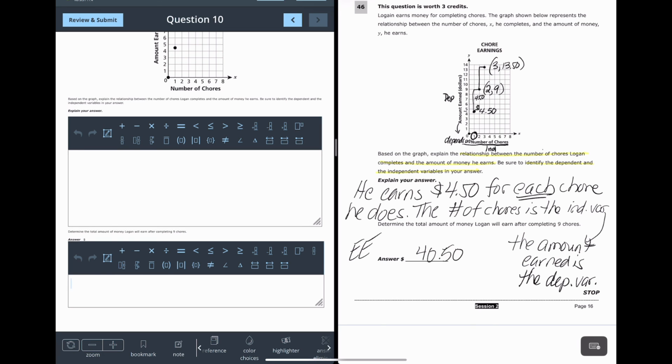The answer for this top part up here, super easy. Logan earns $4.50 for each chore he completes.